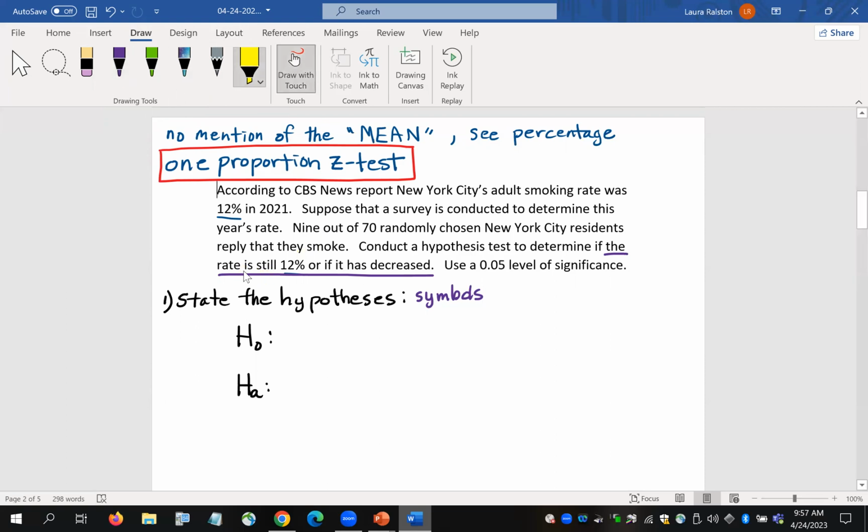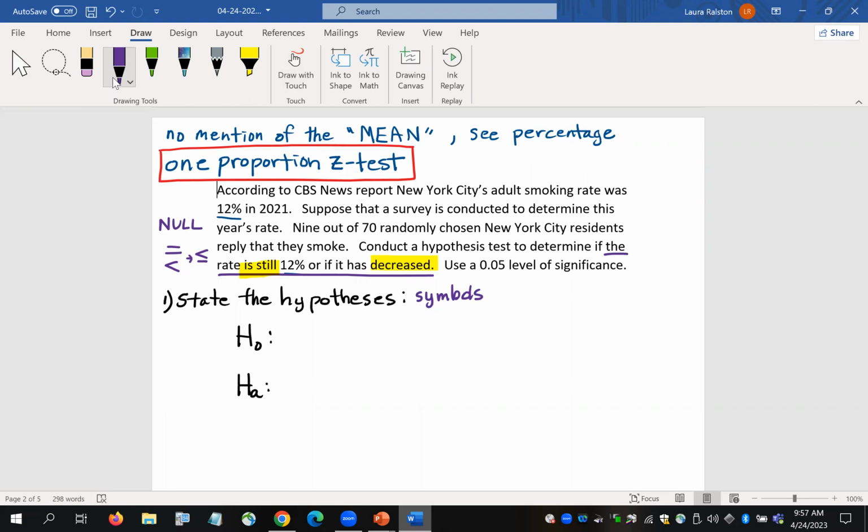I see "is still" and "decreased." So if I'm thinking through what that means, "is still" to me implies equal, or decreased would be less than. So this is actually a less than or equal to problem. Because equal is implied here, that statement is the null.